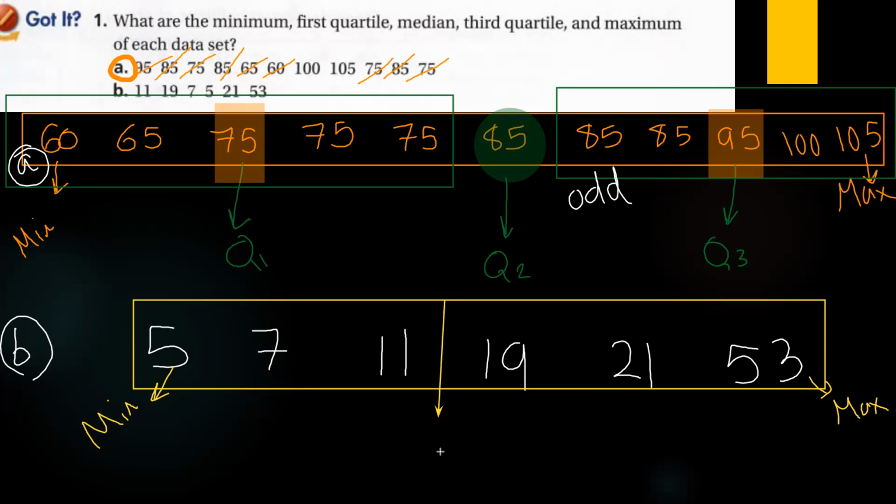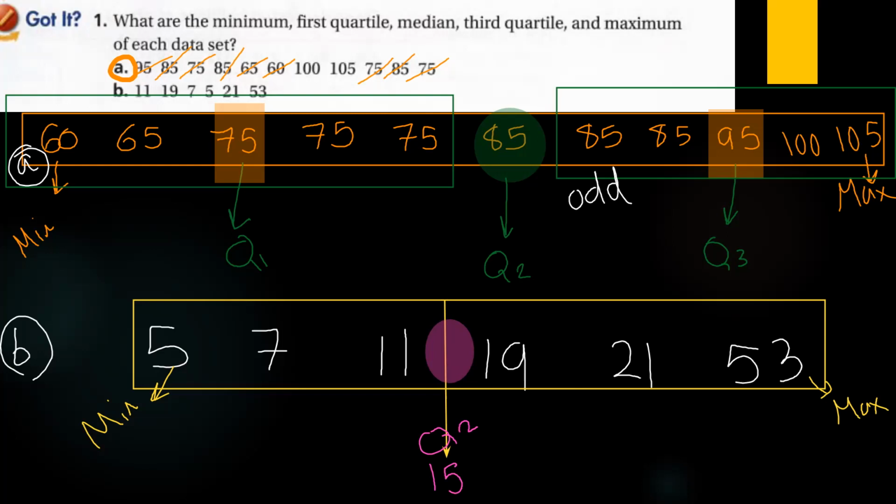So you have to add 11 plus 19 divided by 2, which is 30 divided by 2. So it is 15. This is here Q2. There's a point between them, we call it a median here. That is Q2.